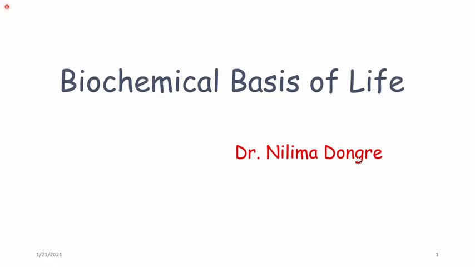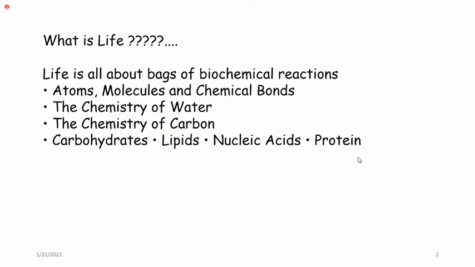Okay. So today we will try to understand what is the biochemical basis of life. So what is life exactly? All of us in your PU courses, you have come across many chemical and physical terminologies, terms. Then you have learned about the various chemical elements, compounds, bonds.